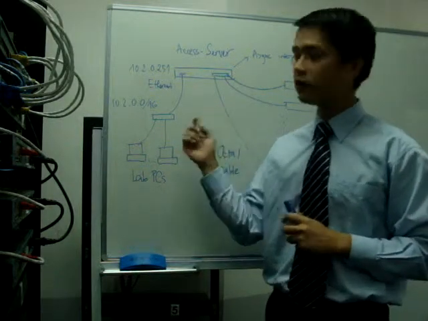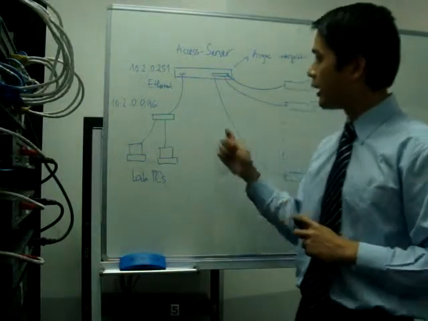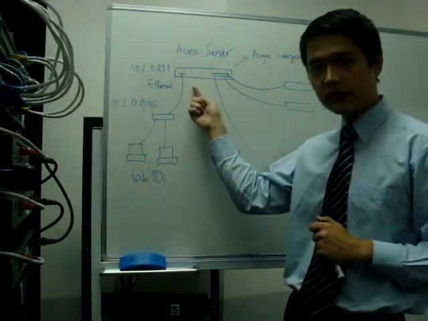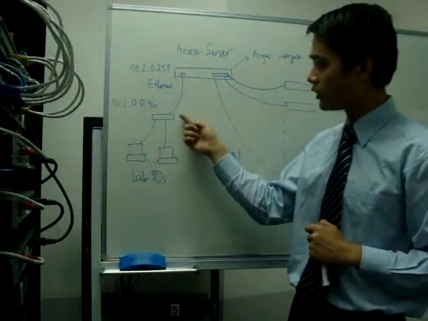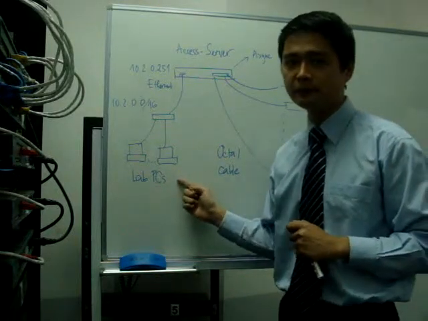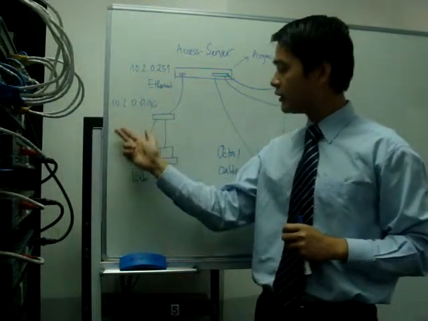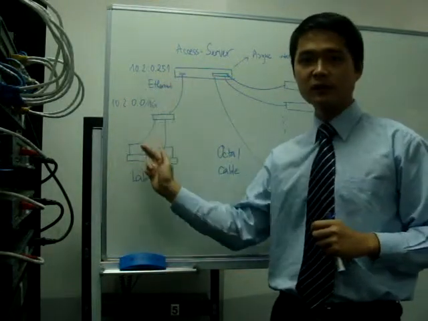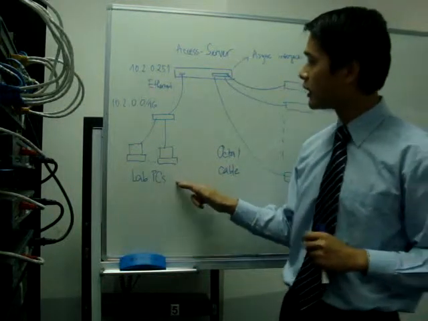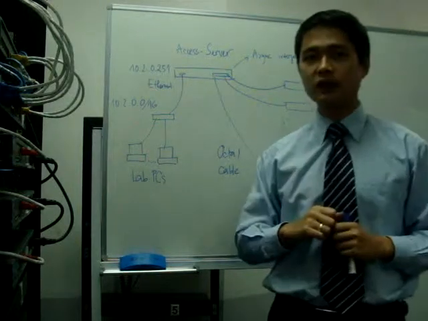This access server also has an Ethernet interface, and we connect this interface to the main switch, which connects the lab PCs, where you are sitting to do the lab. Now we have to assign the IP address for this segment, and we have to assign the IP address of the lab PC in the same subnet as the Ethernet interface of the access server.